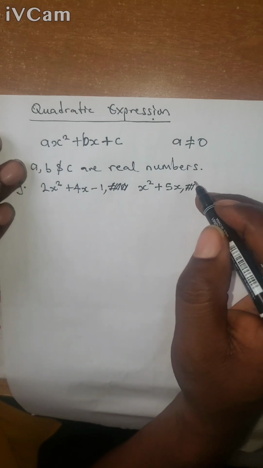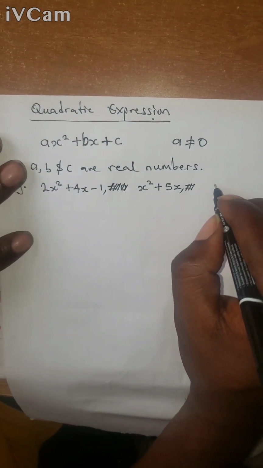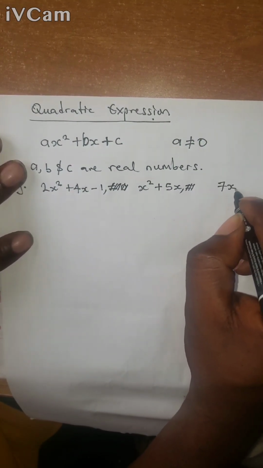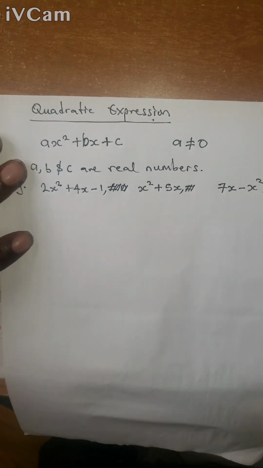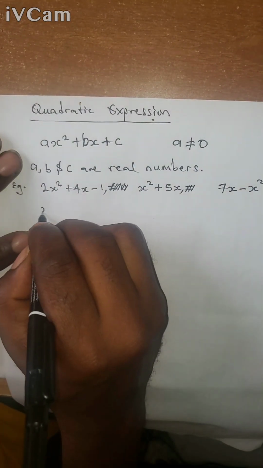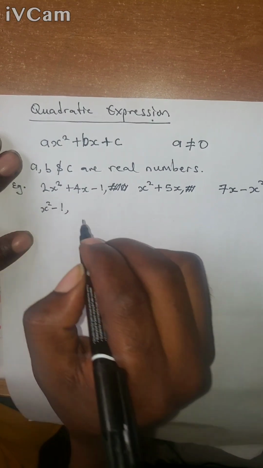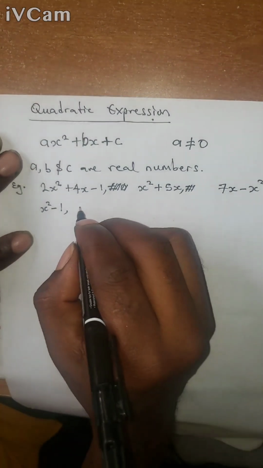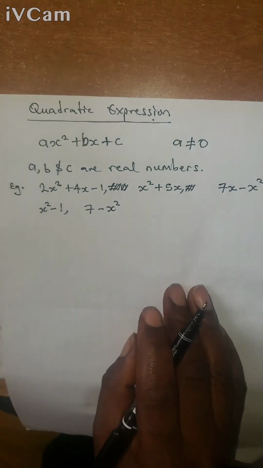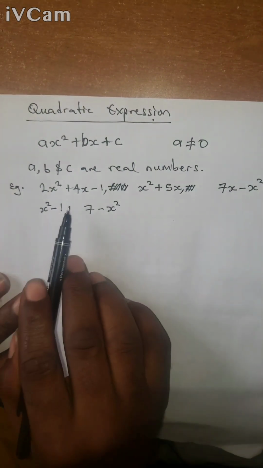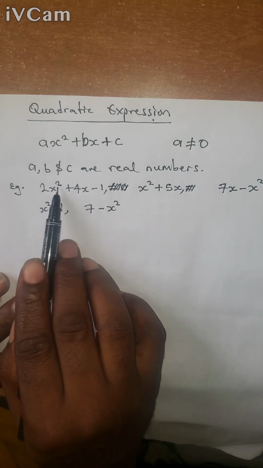So we can also have 7s minus s squared. We can also have s squared minus 1. We can also have 7 minus s squared. In all this, you notice that there must be the presence of s squared.